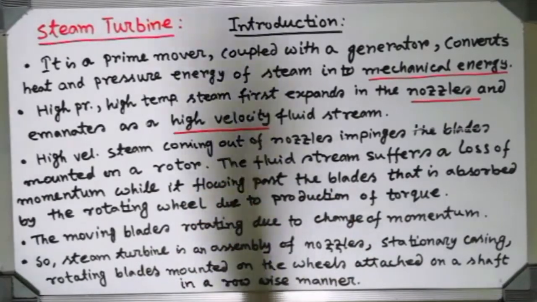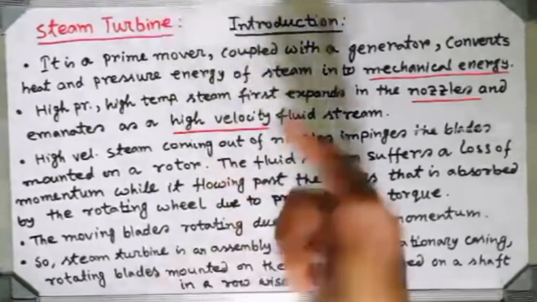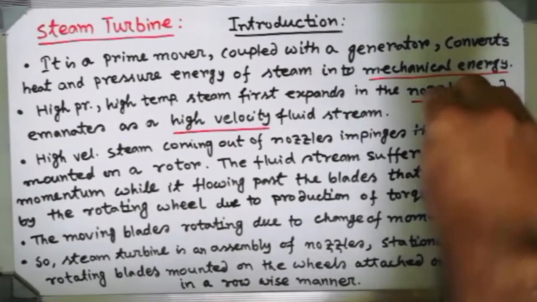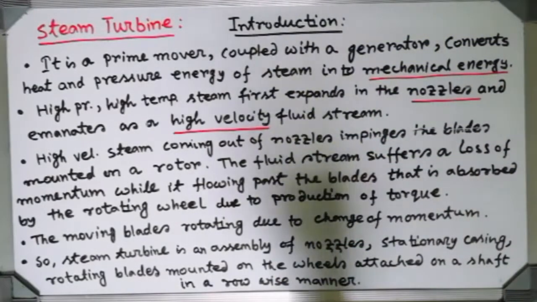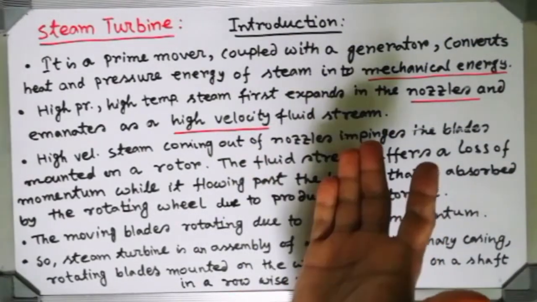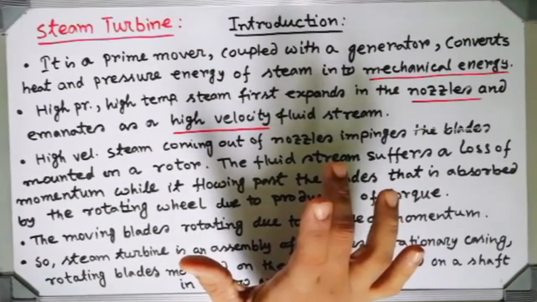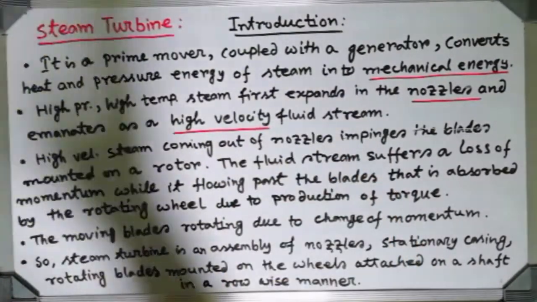As a result, the rotor part will rotate with a high RPM, that means revolutions per minute. That is the role of the nozzle. It will only increase the kinetic energy of the fluid stream. Which fluid stream are we talking about? The steam only, which is coming from the boiler itself.